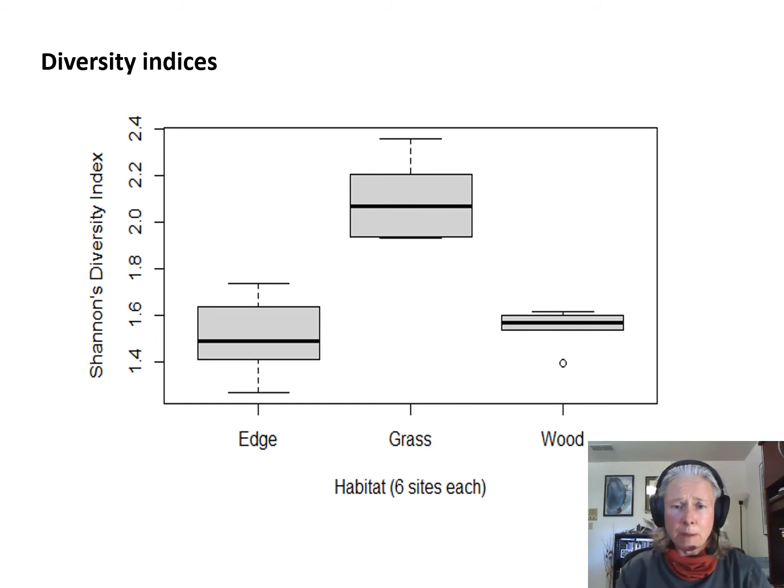If you have replicates, as we did in the case of the beetle data that we worked with in the online lesson, then you can show average diversity, and you can create a box plot as we did here. And from this you can see that grass was the most diverse habitat type according to the Shannon's index anyway.